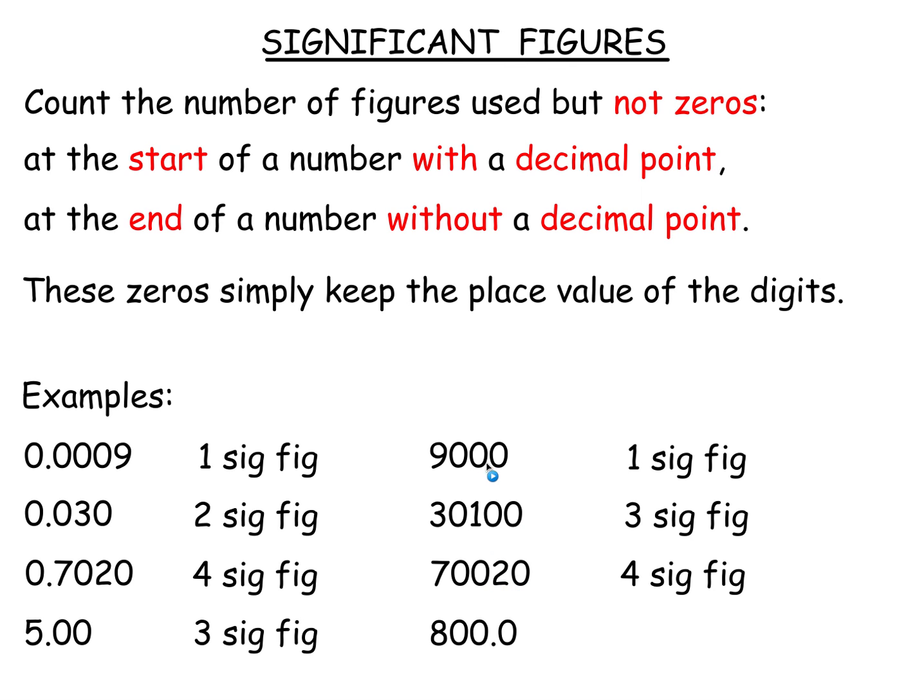So notice just at the end they don't count here on the whole numbers. Here it's a decimal point, zeros don't count at the start, but it starts with an 8, so they're all significant, they're all telling you about accuracy. That's 4. So it's just an awkward case of zeros. They don't count at the very start of a decimal or the very end of a whole number. That's a number without a decimal point.